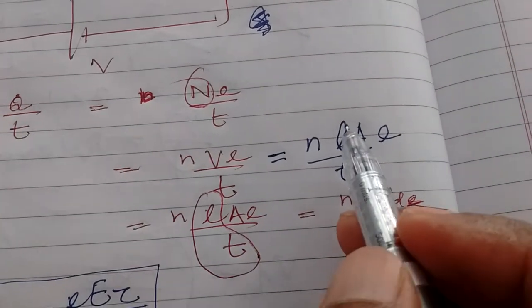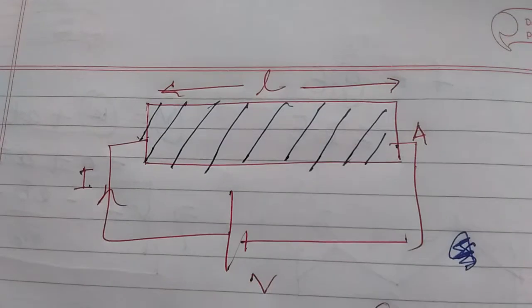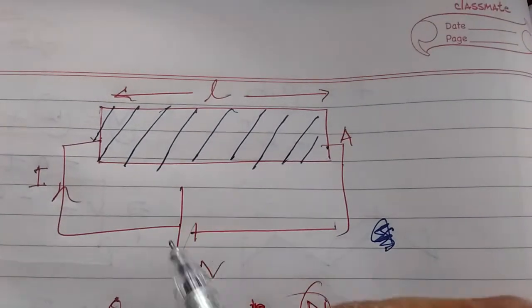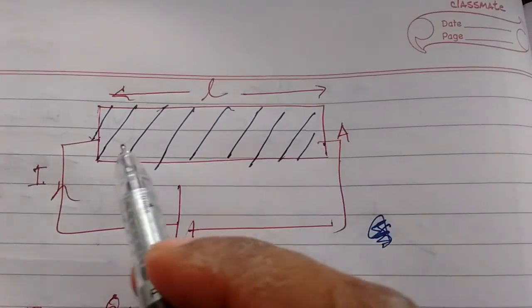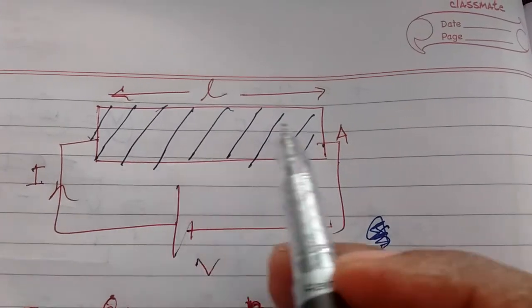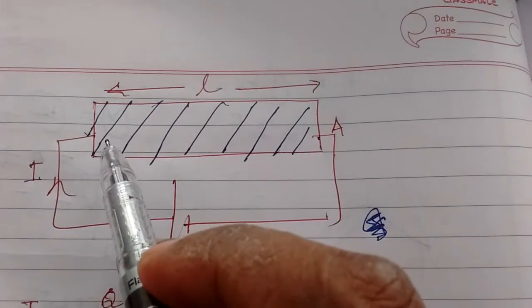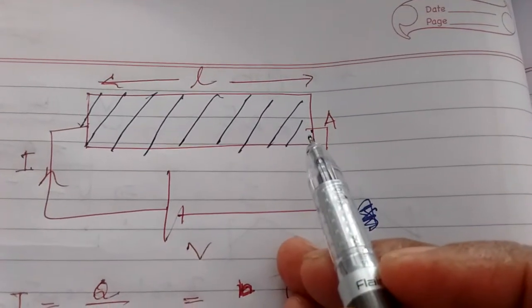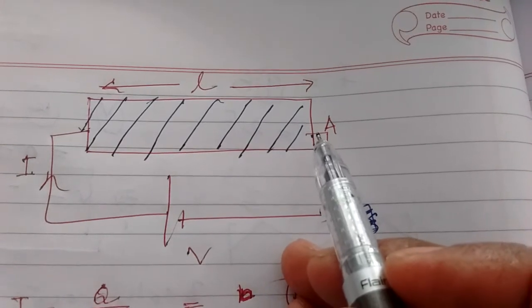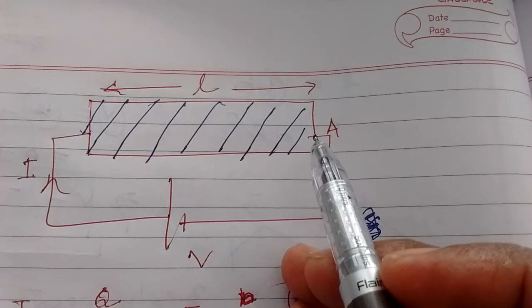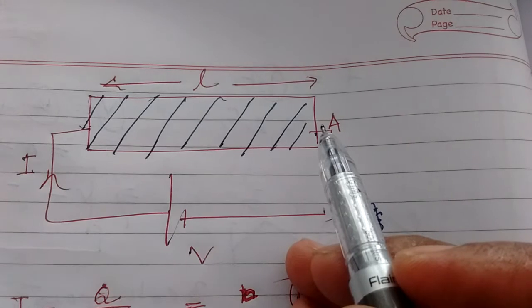Here L by T, what is that? Since you know, once potential is applied, there will be one electric field here. Because of this electric field, electron starts moving from this end to this end. And we already know that once electric field is applied, electron will move with drift velocity.